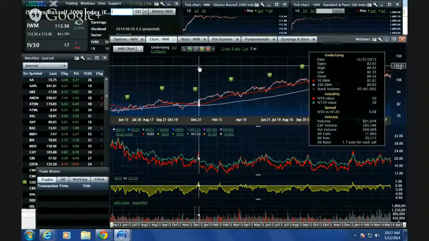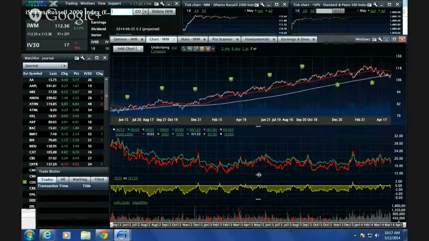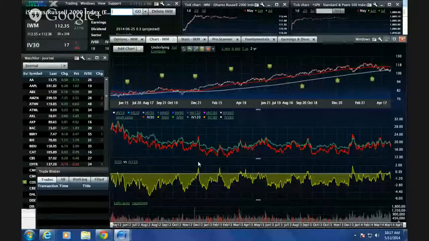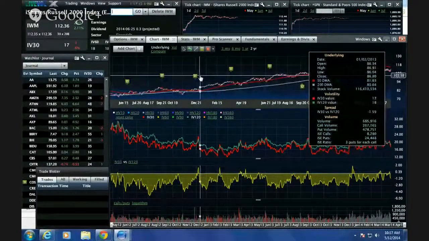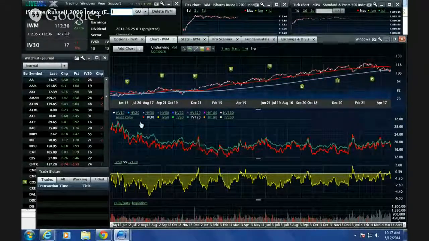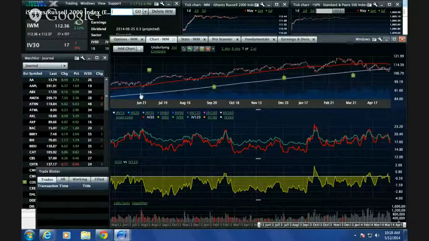So every time you saw this spread, let me see if I can illustrate a little bit better. Every time this spread right here between the 30 and 120 went above 50 points, I basically sold an at-the-money put. So that is basically saying that the short-term volatility in IWM exceeded the 120 volatility, and every time it triggered that, it almost went in sync with the bottoming of the IWM ETF itself, right?